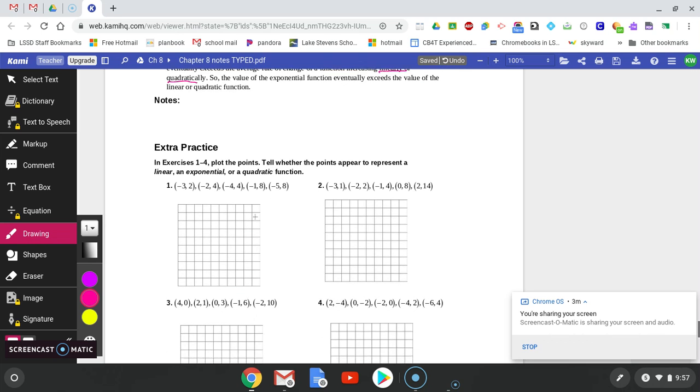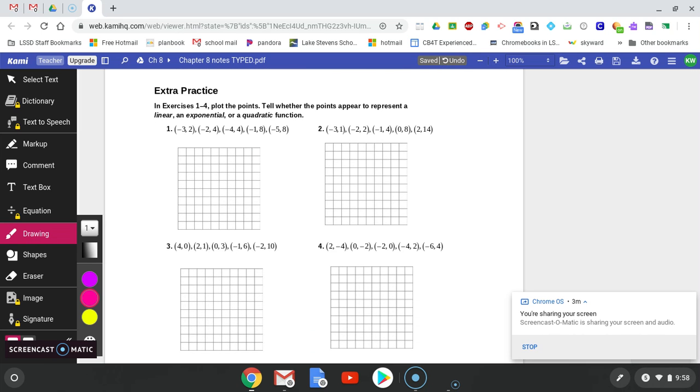Okay. So in exercises 1 through 4, it says plot the points and then tell whether the points appear to represent linear, exponential, or quadratic. So if I give it to you as coordinate points, one way to determine what it is is to graph those points.